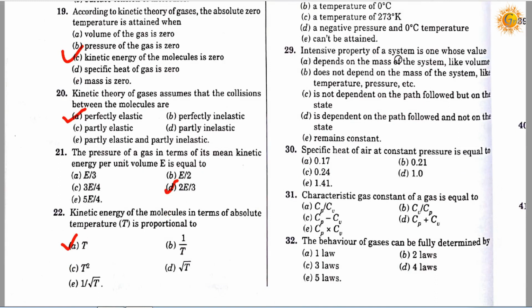Question number 29. Intensive properties of a system is one whose value: option A, depends on the mass of the system like volume; option B, does not depend on the mass of the system like temperature, pressure, etc.; option C, is not dependent on the path followed but on the state; option D, is dependent on the path followed and not on the state; option E, remains constant. The correct answer is B. Intensive properties means they do not depend on the mass of the system, like temperature and pressure.